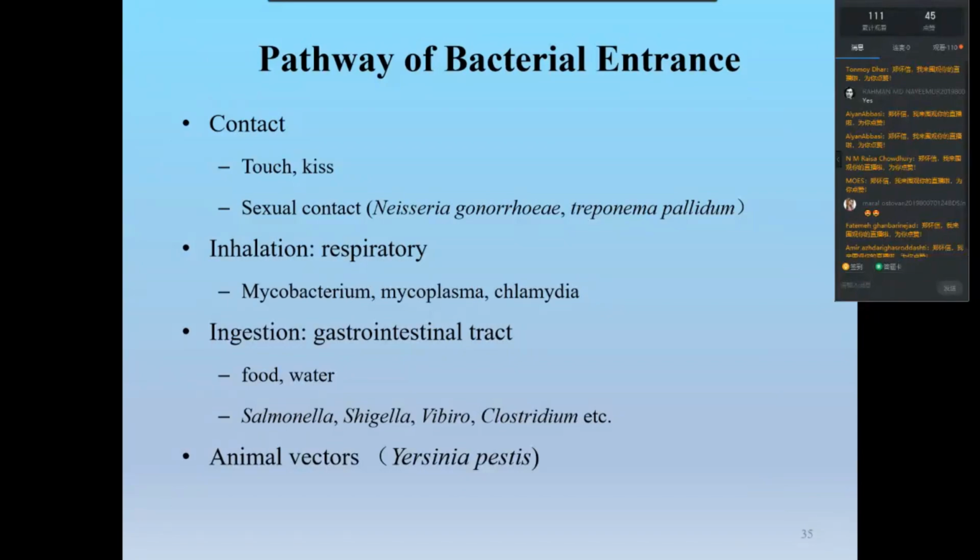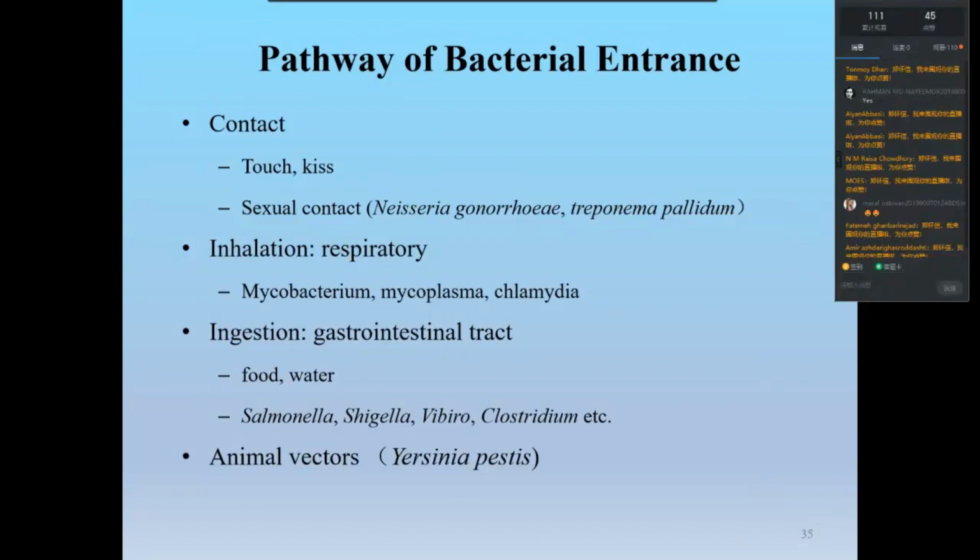And some bacteria can enter our body through inhalation. So that's respiration, including mycobacterium. So that's the pathogen causing TB and other microorganisms.